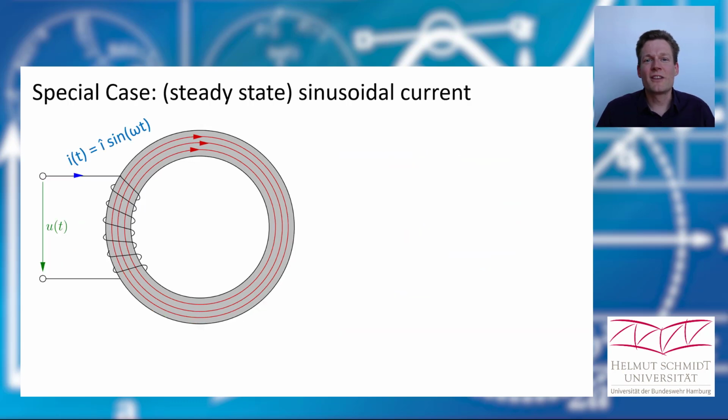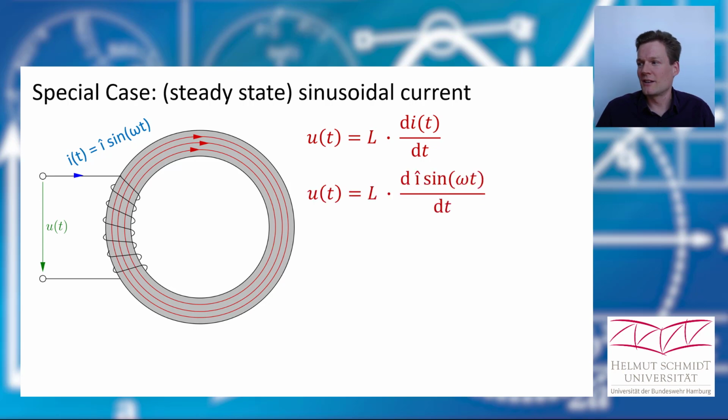Let's have a look at the inductor in an AC circuit. An AC circuit means here that our current is sinusoidal. And again, we are talking about steady state sinusoidal circuits, and what steady state means here, we will discuss in a minute. Okay, we will take our element equation again, and this time our current is sinusoidal.